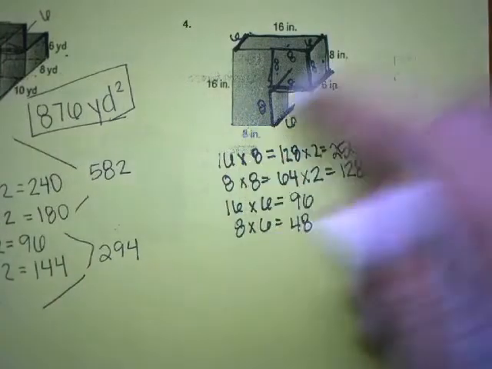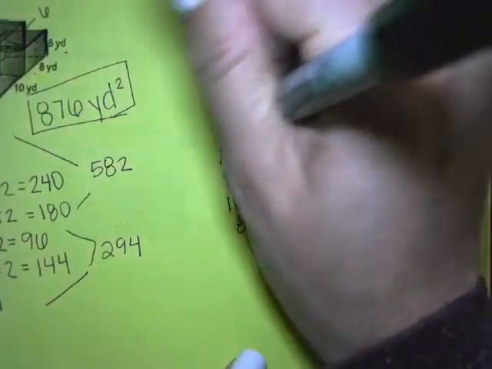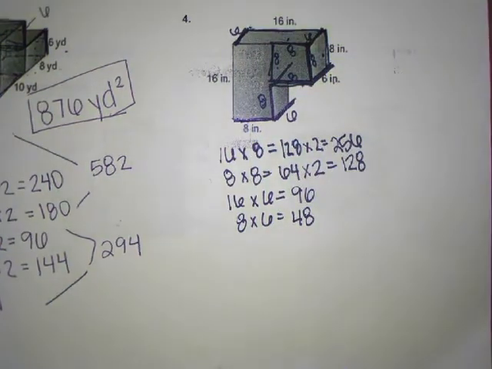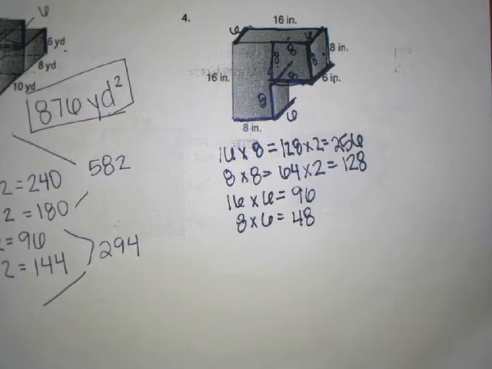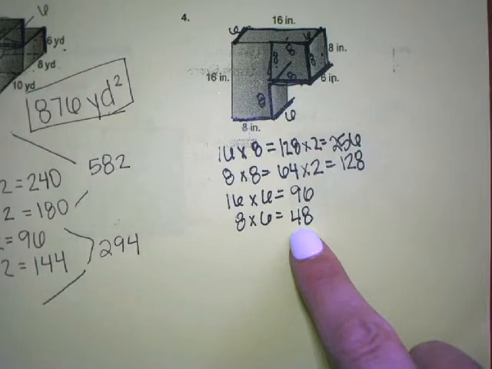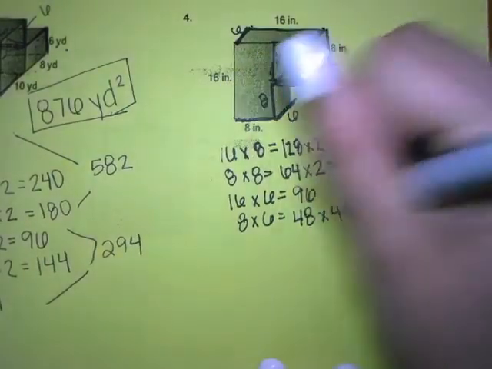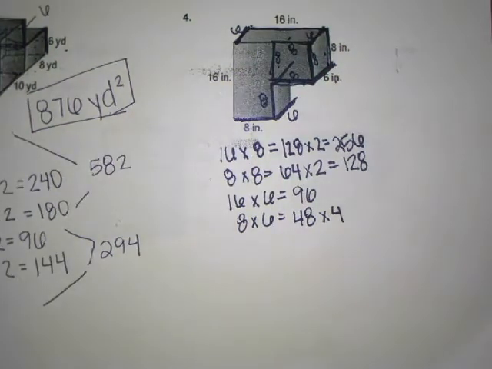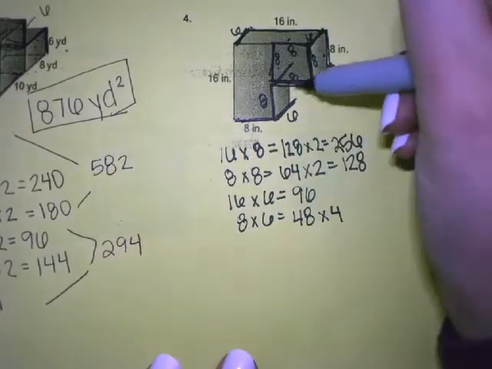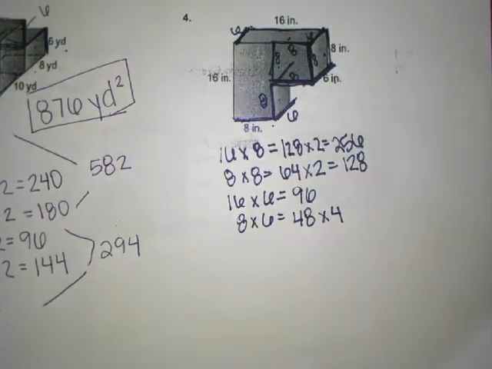What about this one on the bottom? So how many sides are 8 times 6? So what can I do here? I can just do 48 times 4. I could have also listed all of those sides out and been perfectly fine. 8 times 6, 8 times 6, 8 times 6, 8 times 6.